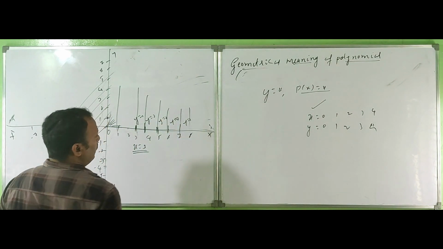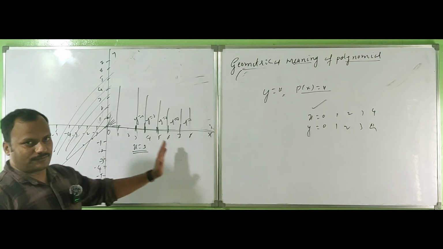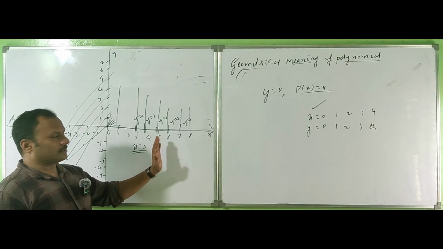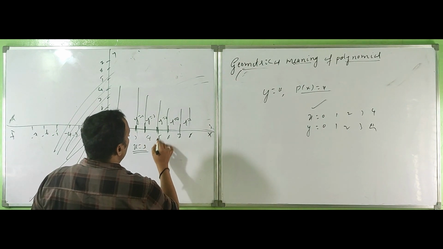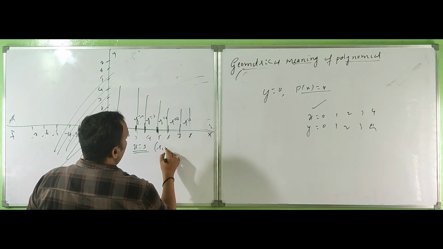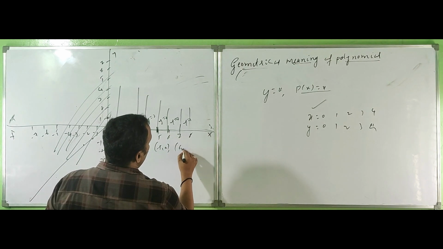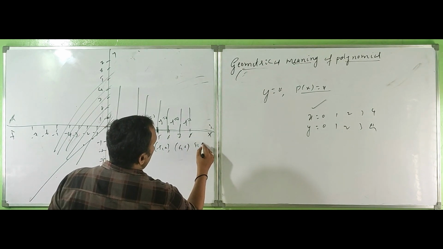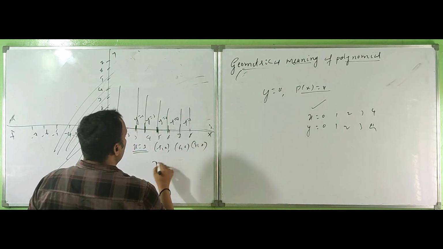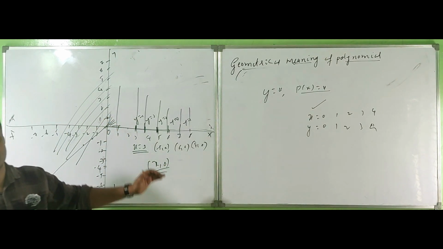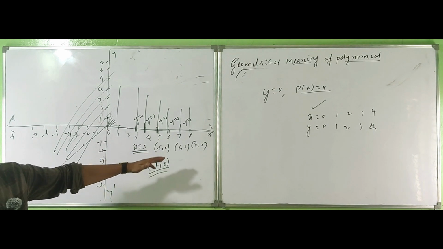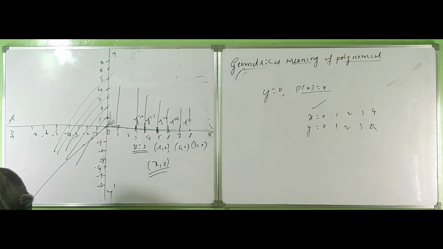You can put the line here, so only x is shifting: x equal to 3, x equal to 4, x equal to 5, x equal to 7, and so on. The points are 5, 0 here, 6, 0 here, 8, 0. So in general, a point on the x-axis is considered only by its x value, with y equal to 0.